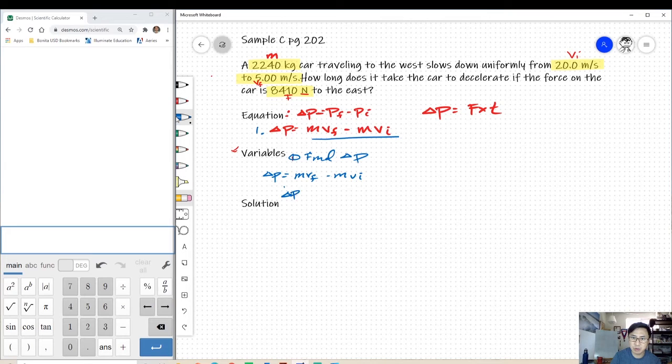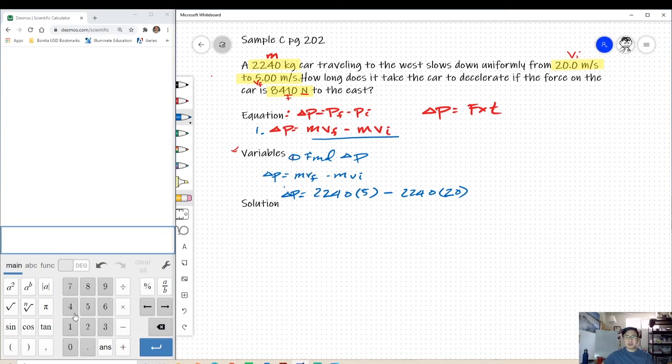So my impulse is equal to 2240 times the final velocity. My final velocity is 5, minus 2240 times 20. Okay, you gotta forgive me for not putting in the units. I just want to do this as quickly as possible.